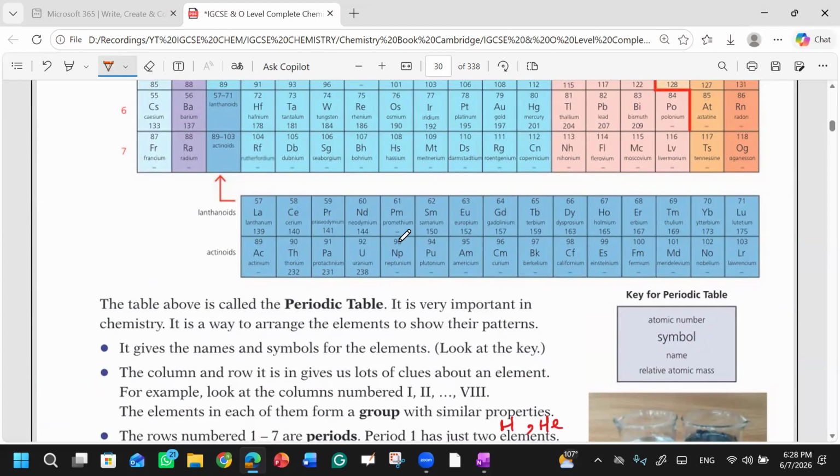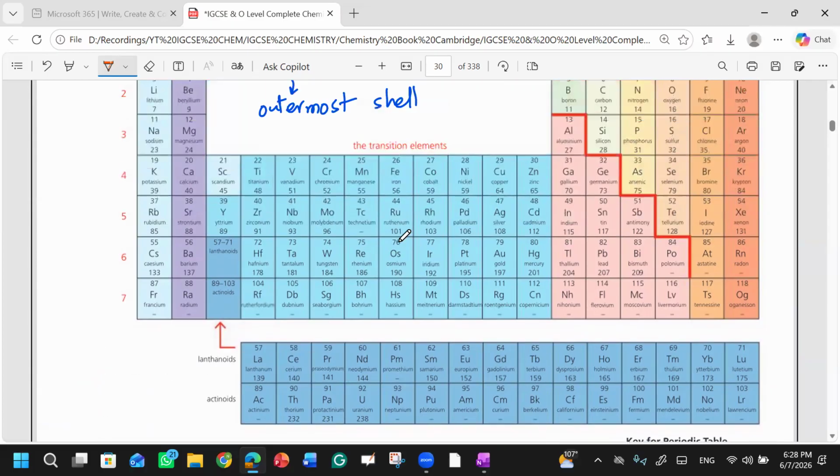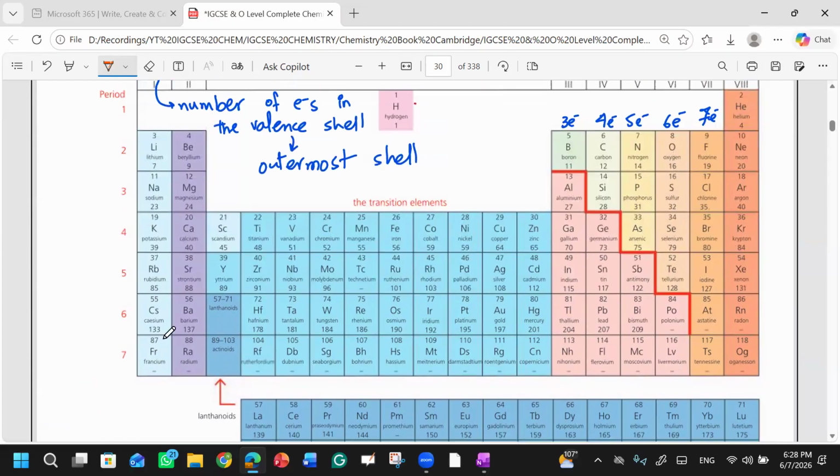In the periodic table, all the elements are arranged in the order of their increasing atomic number. Simply, at this stage, you can say that the periodic table gives us information about how the elements are arranged. Clear?